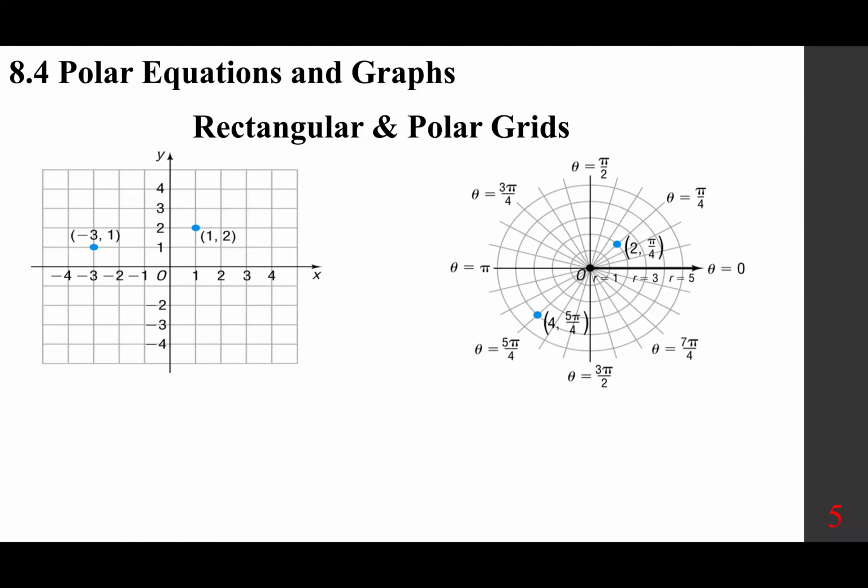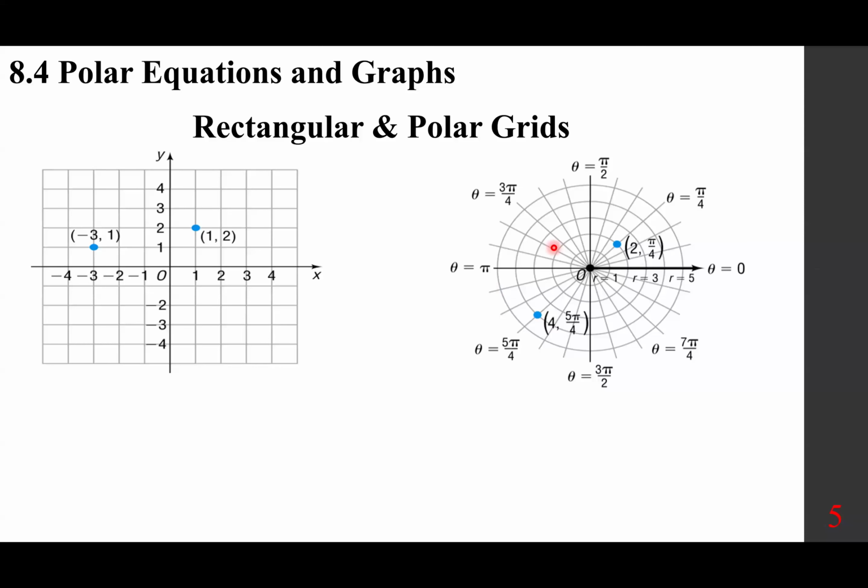So rectangular and polar grids. We are familiar with the rectangular grid, x comma y. Here's a point 1 comma 2. Here's a point 3 to the left, 1 up, negative 3 comma 1. Here's a polar grid. The way the polar grid works, you have the polar axis.